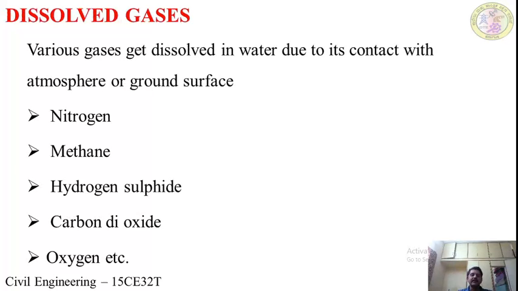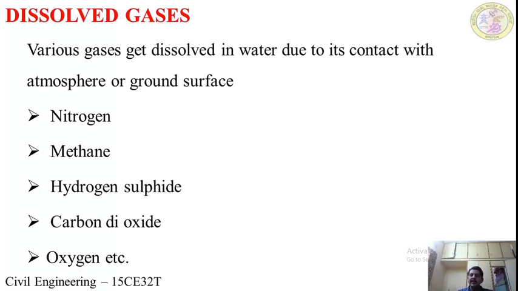So, dissolved gases. Various gases are absorbed by the water when it is in contact with the atmosphere and also the ground surfaces. The gases that are absorbed are nitrogen, methane, hydrogen sulfide, carbon dioxide, oxygen, etc. Nitrogen is not of much significance in water.